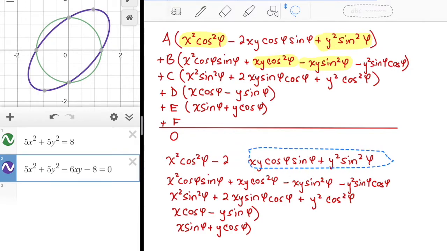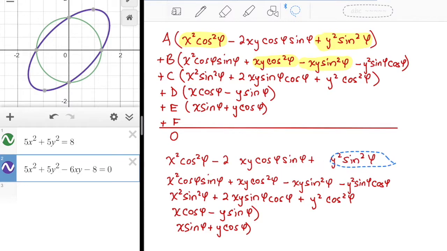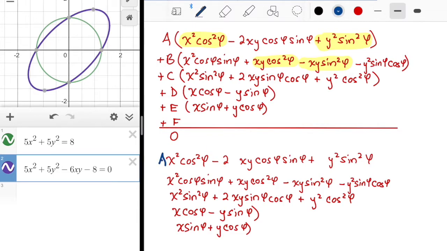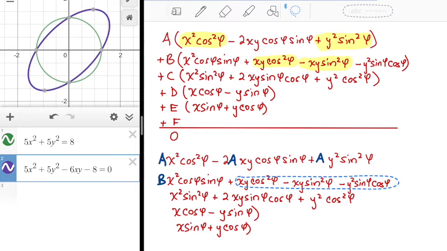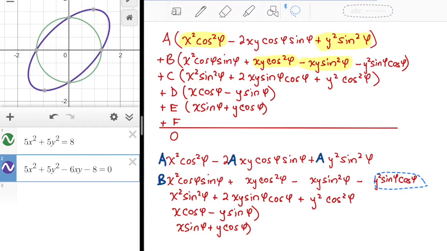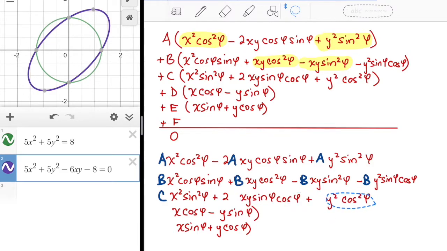All right, so I'm distributing through with an A. Then I'm distributing through with a B. Then a C. Then a D.